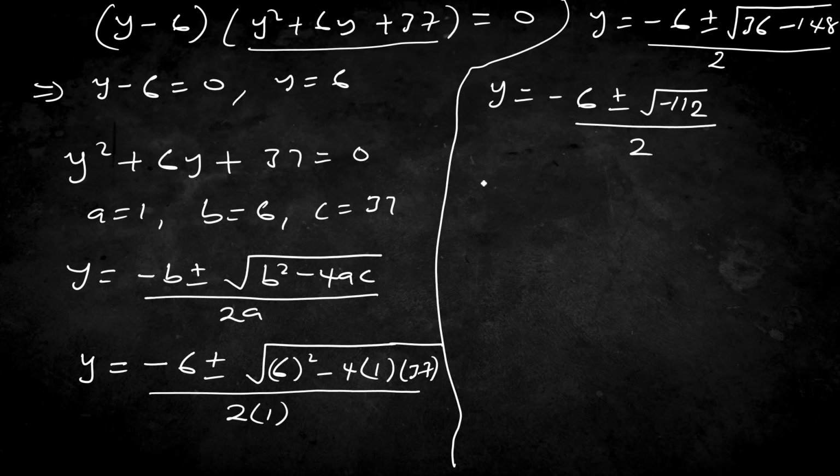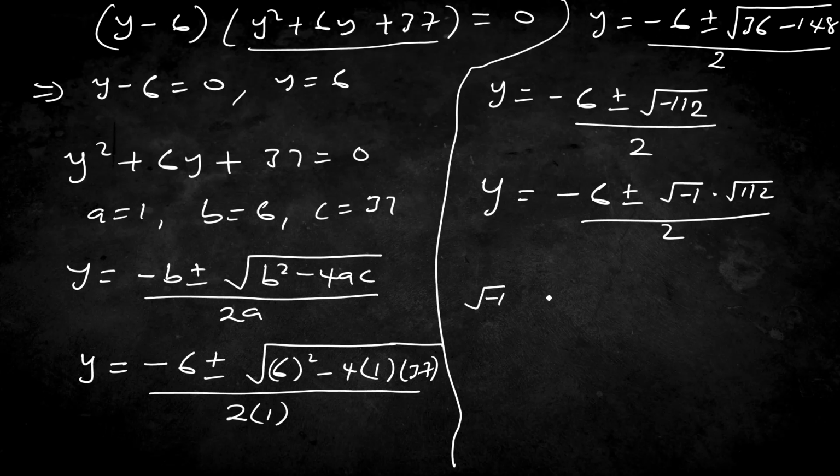So this is the same as the square root of minus 1 times the square root of 112, on 2. The square root of minus 1 is the same as i.